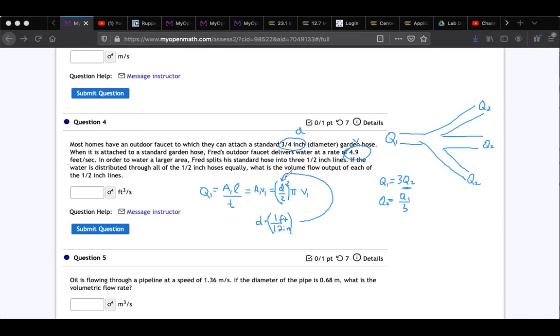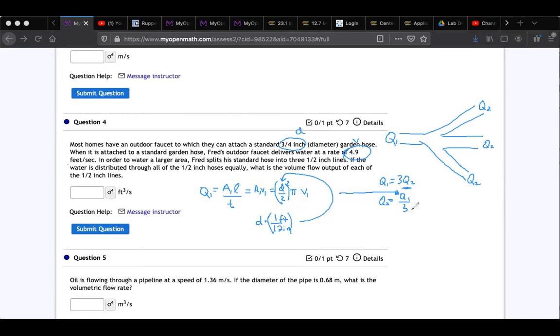Now I divided it by 2 first, and then I did that, but it doesn't matter which way you do it. You're essentially creating an R in feet and then squaring it, then multiplying by pi, then multiplying by the velocity in feet per second. And that will give you your Q1. Once you're done calculating that, you plug Q1 into this formula, and you calculate Q2.